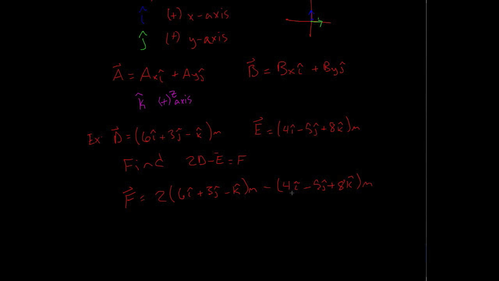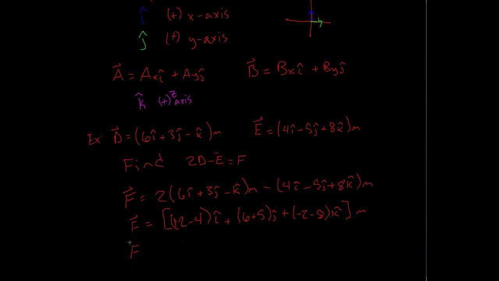All of our I hats we're going to group, all of our J hats, and all of our K hats. So F equals 12 minus 4 I plus 6 plus 5 J, and then plus negative 2 minus 8 K. And all of that is still in meters.